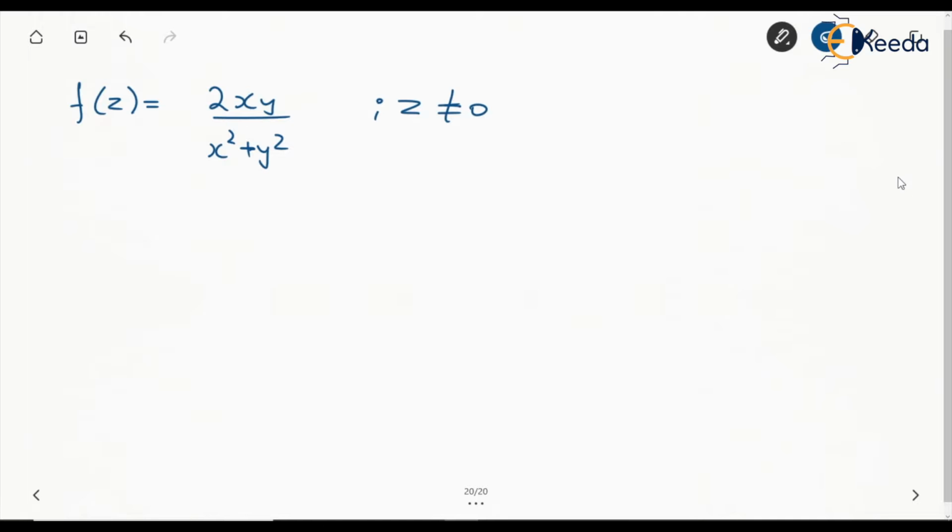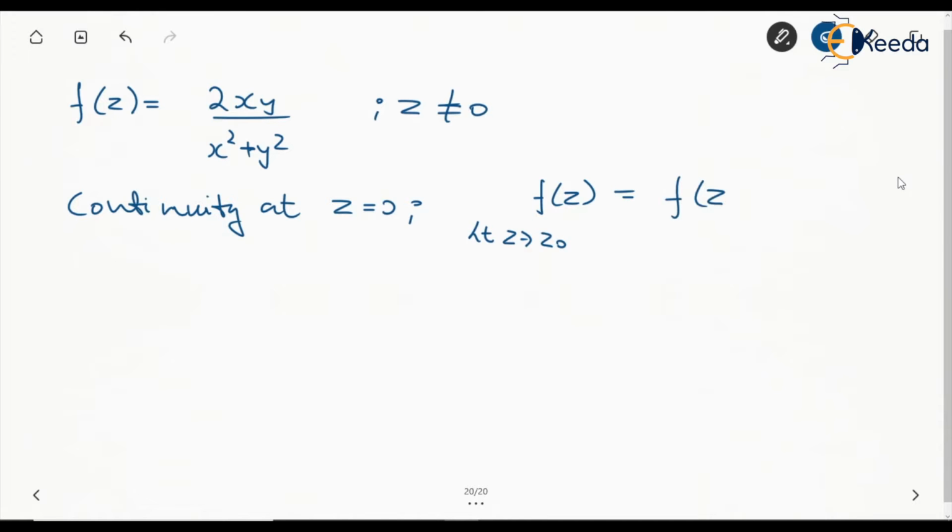So if we are checking the function's continuity at z equal to 0, what we need is the limit of f of z as z tends to z naught should be equal to f of z naught, and in this case z naught is actually 0 or origin.